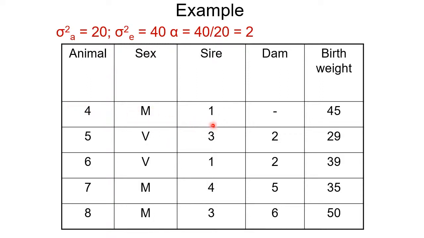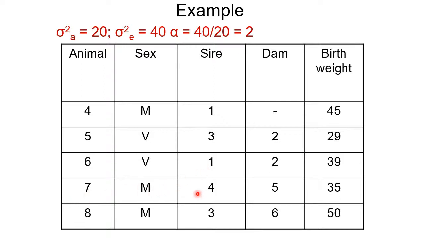Animal 4's sire is sire 1, and its dam is unknown. For some reason the dam was not recorded, so the dam is unknown. Animal 5's sire is animal 3, and its dam is animal 2. This same dam is also the mother of animal 6, and the sire is again sire 1.